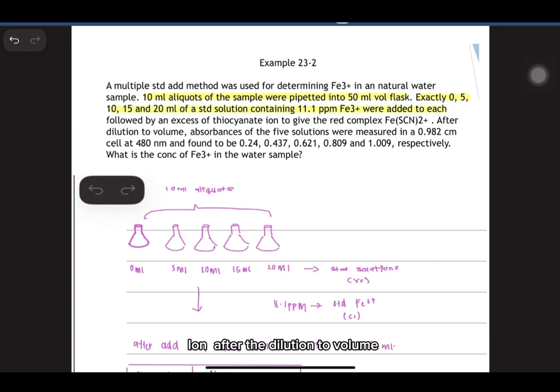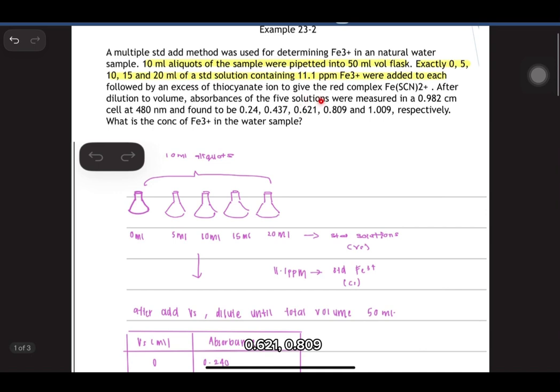After dilution to volume, absorbance of the 5 solutions were measured in a 0.982 cm cell at 480 nanometers and found to be 0.240, 0.437, 0.621, 0.809, and 1.009 respectively. We want to find the concentration of Fe3+ in the water sample.